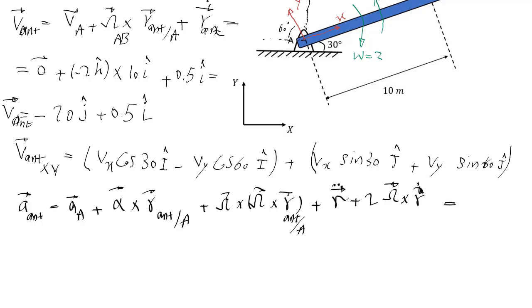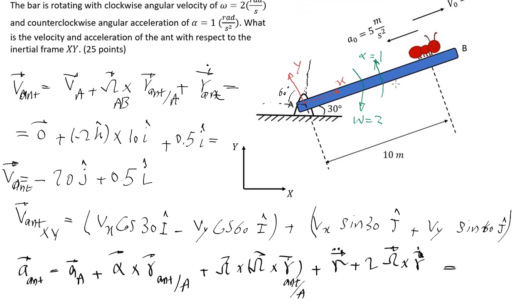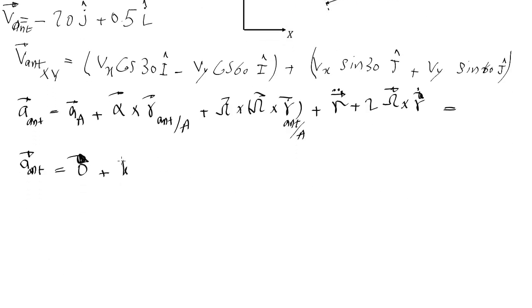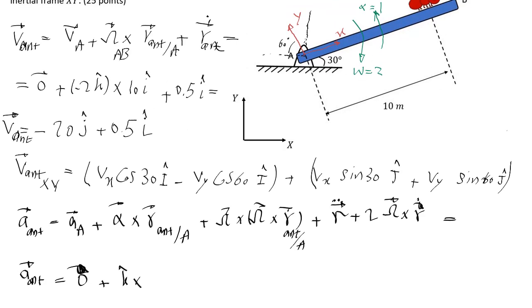So here we get the acceleration of the ant is equal to 0 plus alpha. Alpha here is just 1 in the positive k direction. So k cross the position vector of the ant with respect to A, which is 10I.